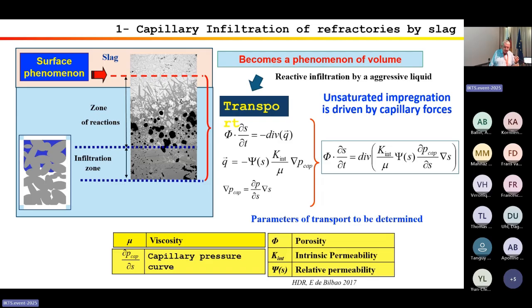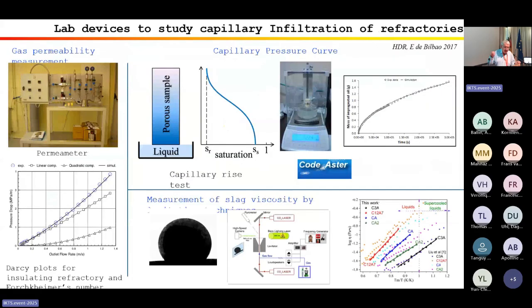And we can define the parameters of transport: viscosity, capillarity pressure curves, porosity, intrinsic permeability, or relative permeability. And we are able, by measurement, to access these parameters.